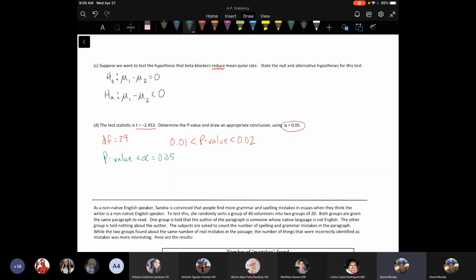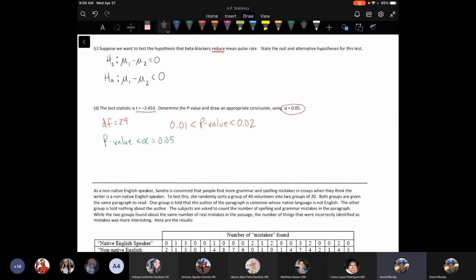All right. Now, when our p-value is small, right, that's what we want. That means we can reject the null hypothesis. This is a result that should not have happened if the null hypothesis was true. So, since the p-value is less than alpha equaling 0.05, we reject the null hypothesis.